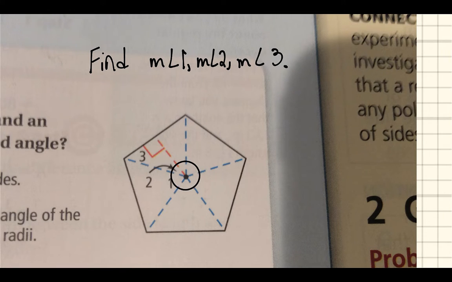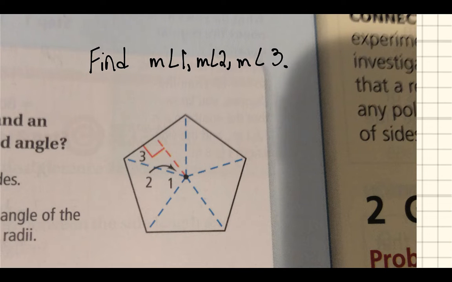If you recall, a circle all the way around is 360 degrees. So if we have 1, 2, 3, 4, 5 angles that make up those 360 degrees, and they're all the same, we're going to do 360 divided by 5, and that's going to give us the angle measure 1 we're looking for.